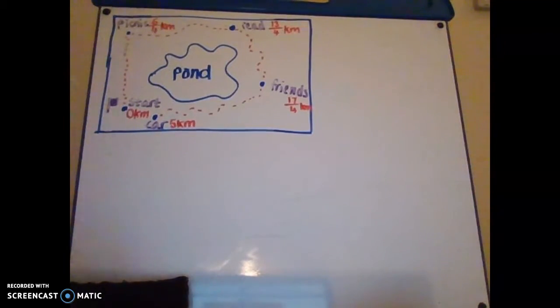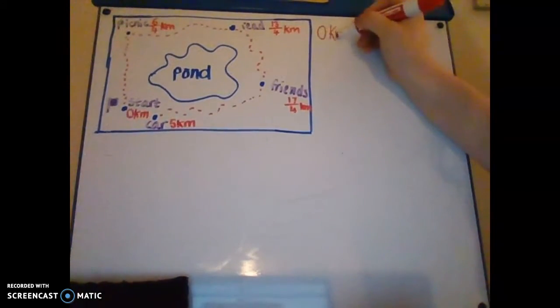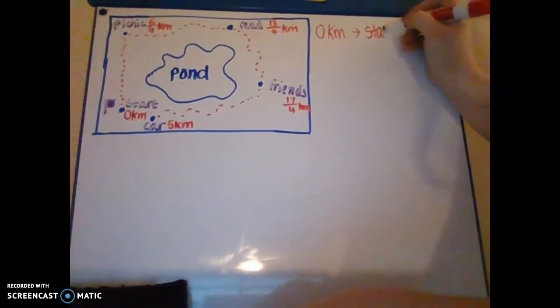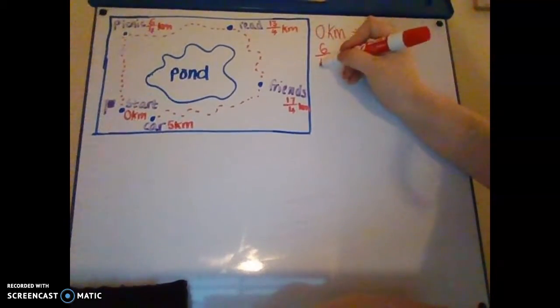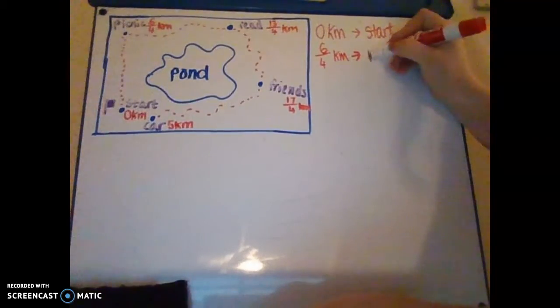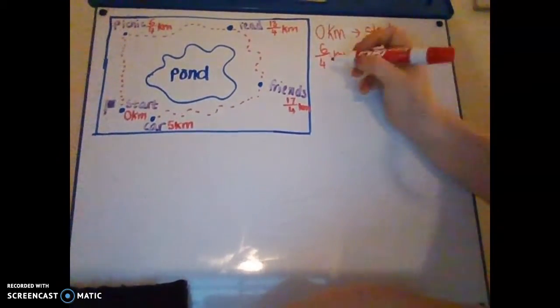So what I'm going to do is pull out these numbers for us. This is my evaluation of what information I have. At 0 kilometers, that's when I started. At 6/4 of a kilometer, that's when I had my picnic. This was last summer.